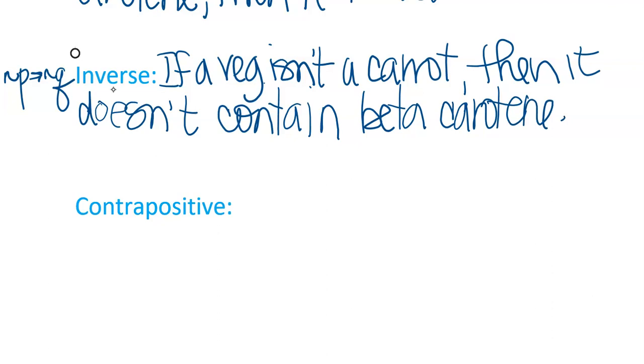And then the contrapositive is just the opposite of this one that we just wrote. So if a vegetable doesn't contain beta carotene, then it is not a carrot.